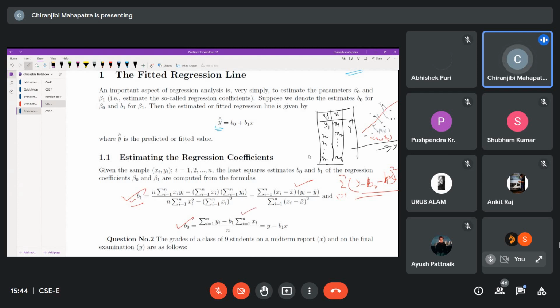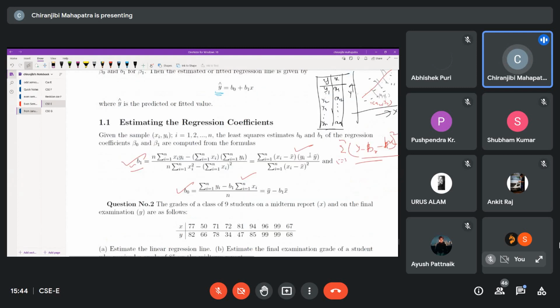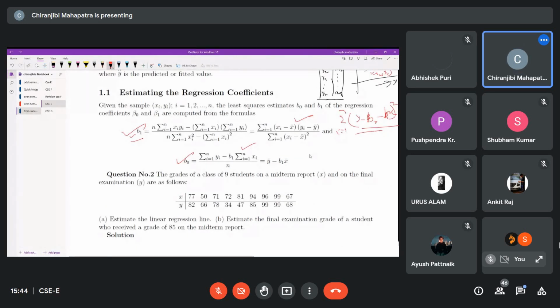ओके, मिनिमाइजेशन प्रोसीजर तुम्हें पता होगा. यदि तुम्हारे पास दो वेरिएबल्स है तो मिनिमाइजेशन कैसे करते हैं? By taking the partial derivatives. इसको मान लो कि L है, so del L by del b0 equals to 0 and del L by del b1 equals to 0. Both the partial derivatives equal to 0 give b naught and b1, these are the estimates of beta naught and beta 1 actually.